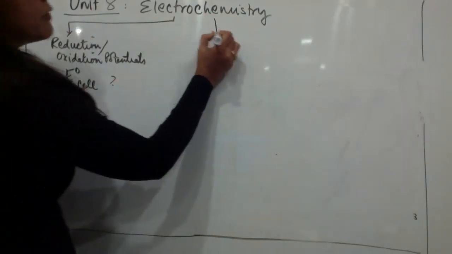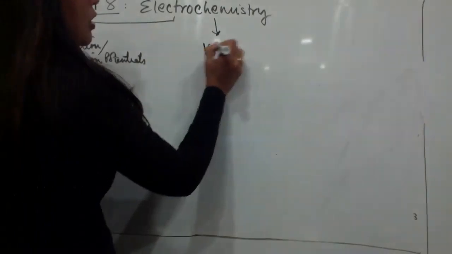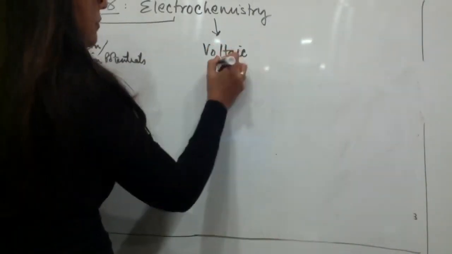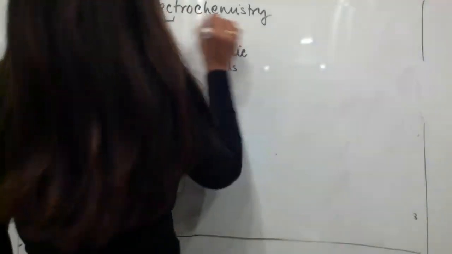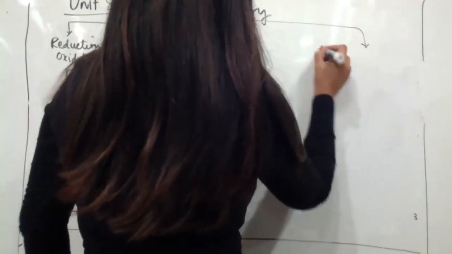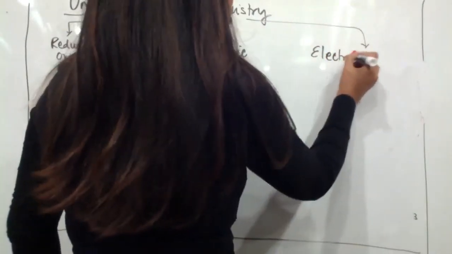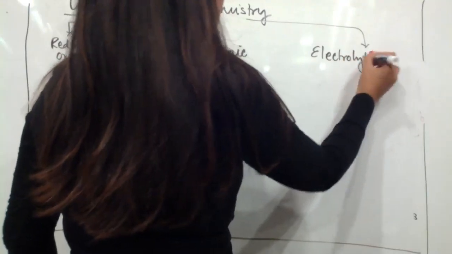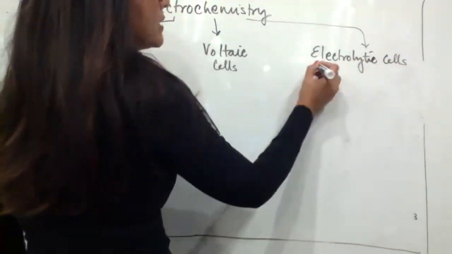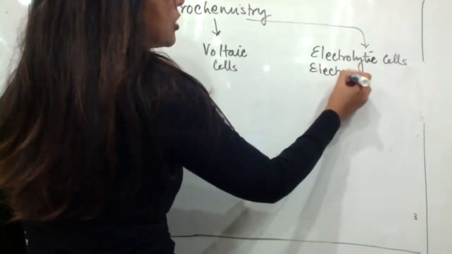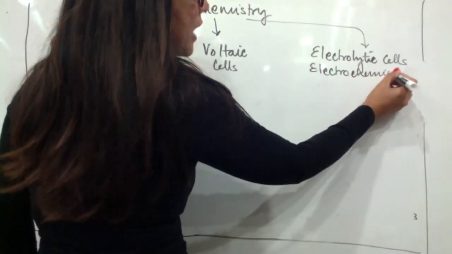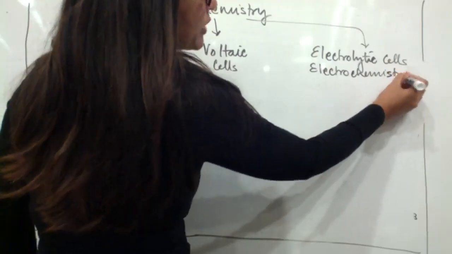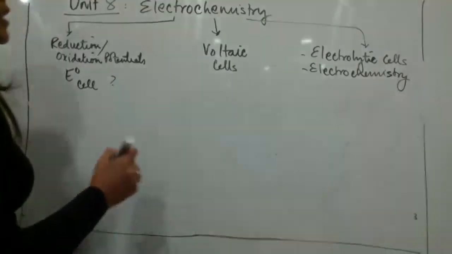Second part, we talked about voltaic cells and how they function and so on. And the third part was electrolytic cells and electrochemistry, where electroplating and how much things will be deposited, we covered there.